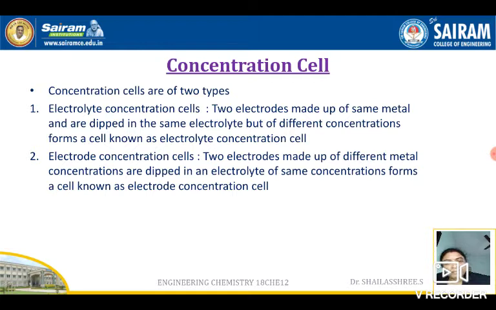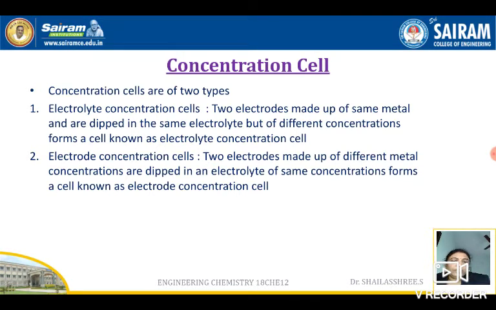The second type of concentration cell is the electrode concentration cell. In this type, two electrodes are made by using different compositions of a metal. The compositions of the metal taken will be different here, and they are dipped in an electrolyte solution of the same concentration.